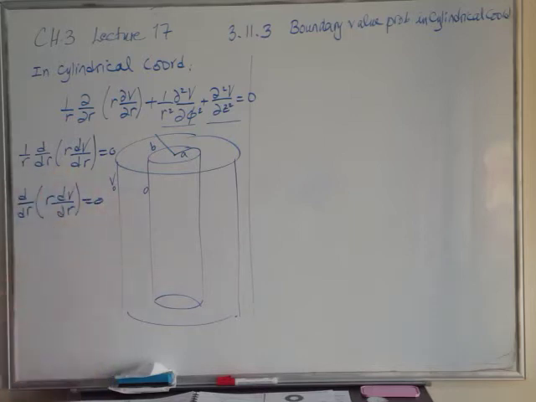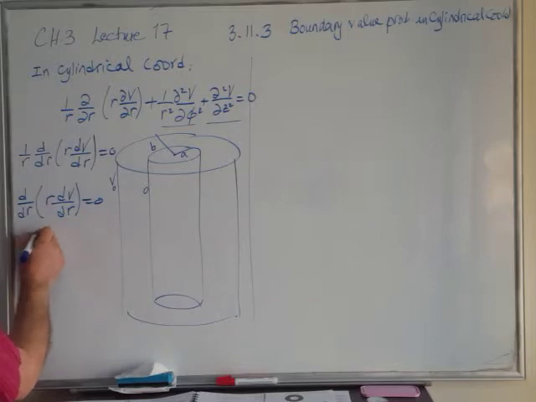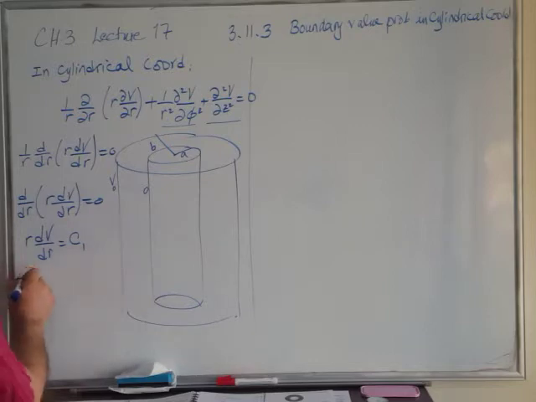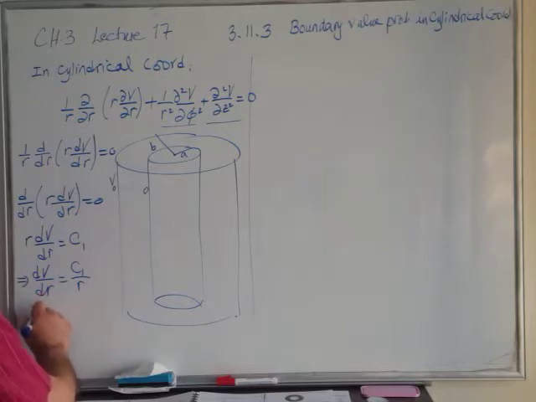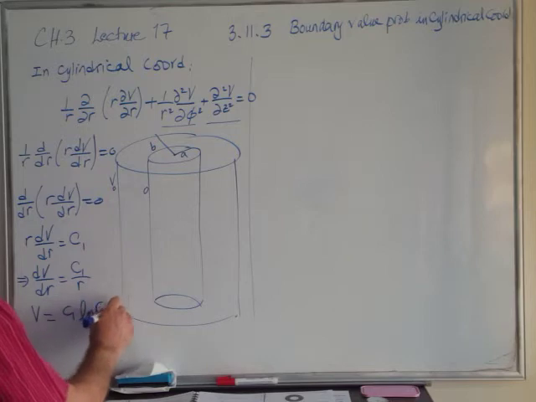Since the derivative with respect to r of this whole quantity is 0, then the quantity itself, r dv by dr, is a certain constant, let it be c1. This means that dv by dr is c1 over r, and therefore if you integrate again with respect to r, you will have v equal c1 ln r plus a certain c2.